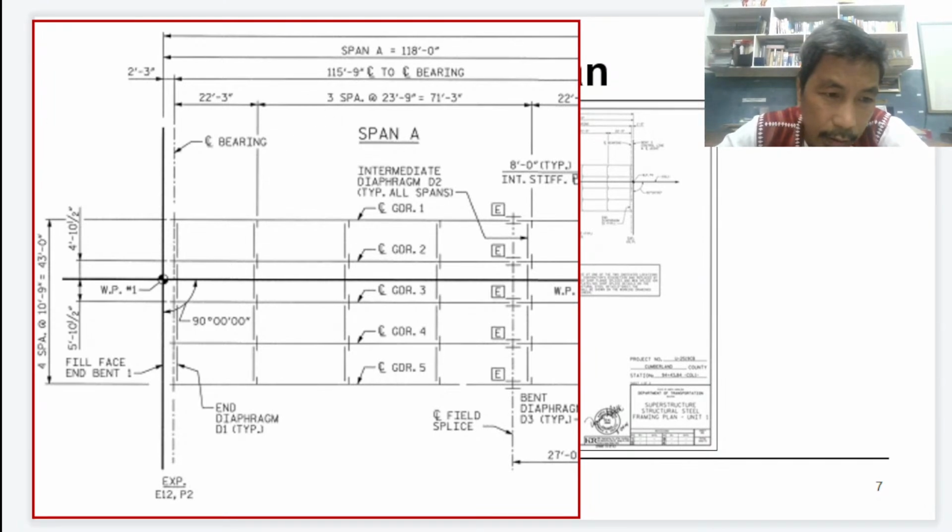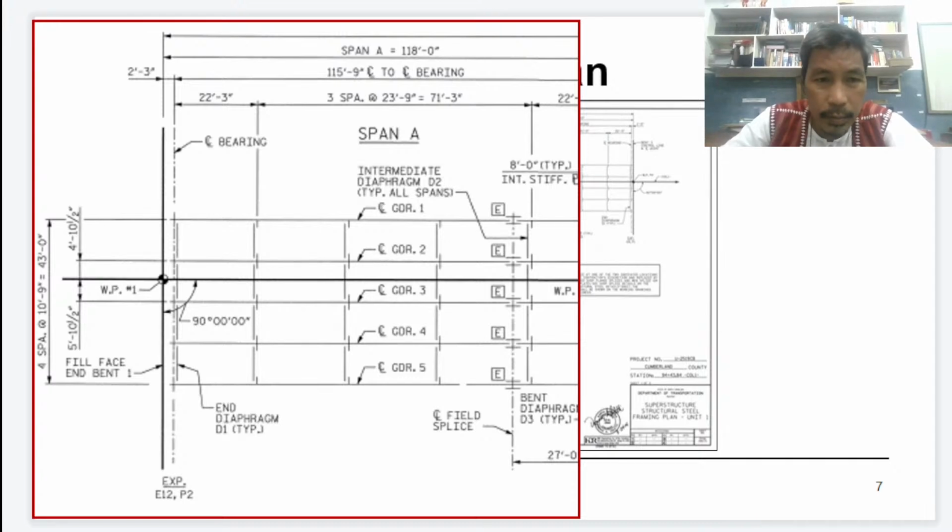So let's have our calculator and compute. 3 times 23 and 9 inches. Okay, so let us have our calculator. I will show you by showing you my calculator here. So let's put on our Casio calculator.